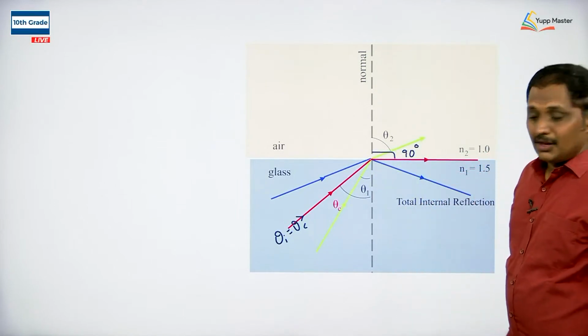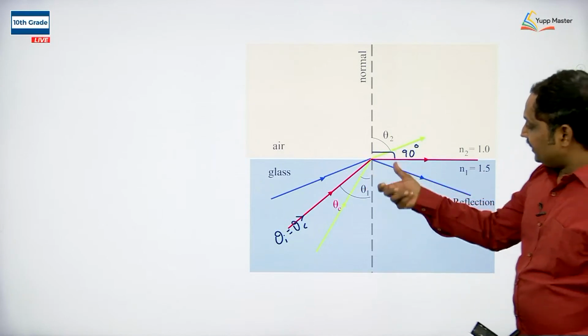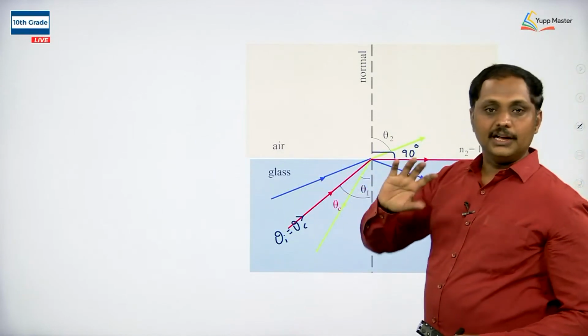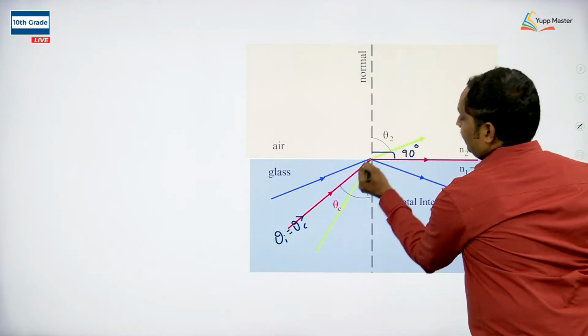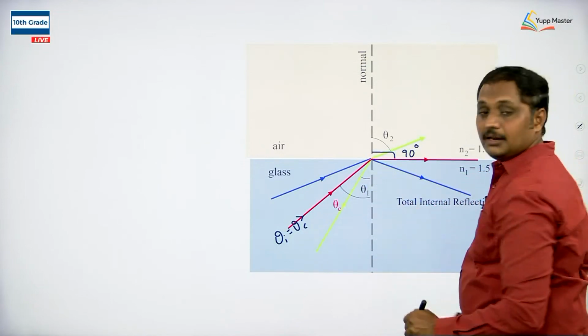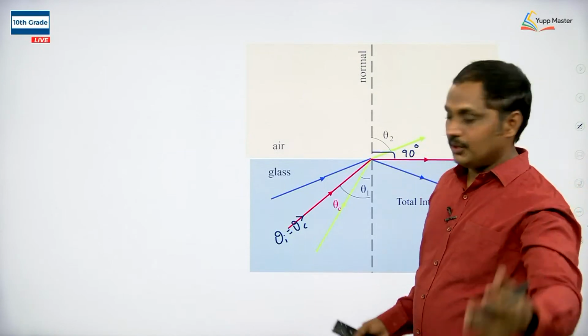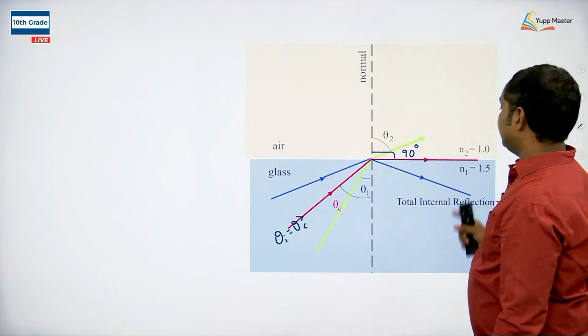We can see the drawn light rays in different colors, and you can easily observe this is the angle which refers to the critical angle.